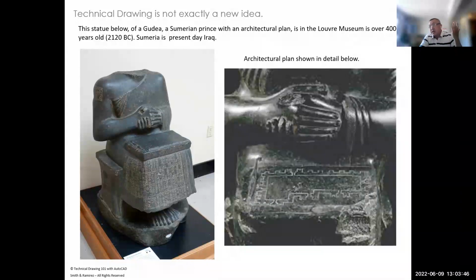Just think about a big church. Those churches could take over 100 years to build, which means multiple generations. So there must be some sort of documentation so people can continue working on that same project generation by generation.